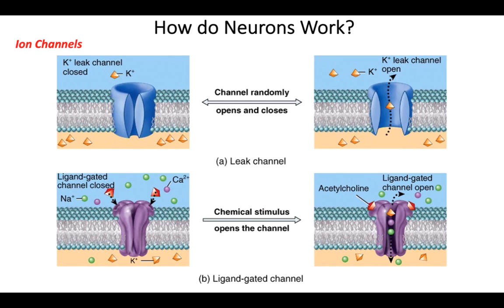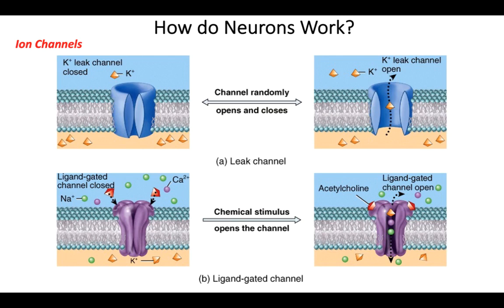So an ion channel is simply some sort of protein in the plasma membrane that allows a certain type of ion or different types of ions to either enter the neuron or exit the neuron. And these channels may or may not be stimulated to open and close. If they don't need to be stimulated, we call these leakage channels. And leakage channels are not going to be that important for us.